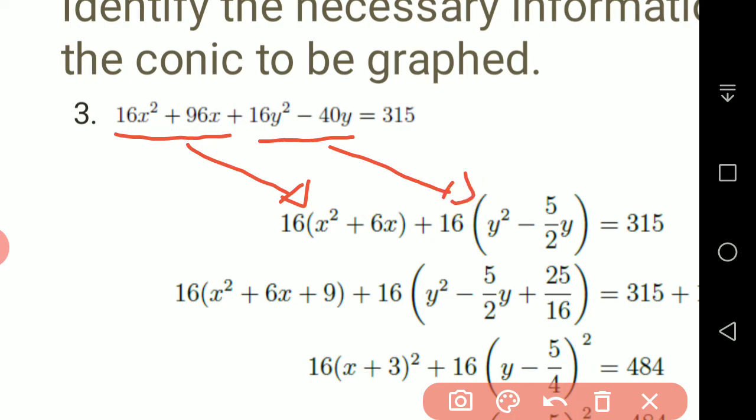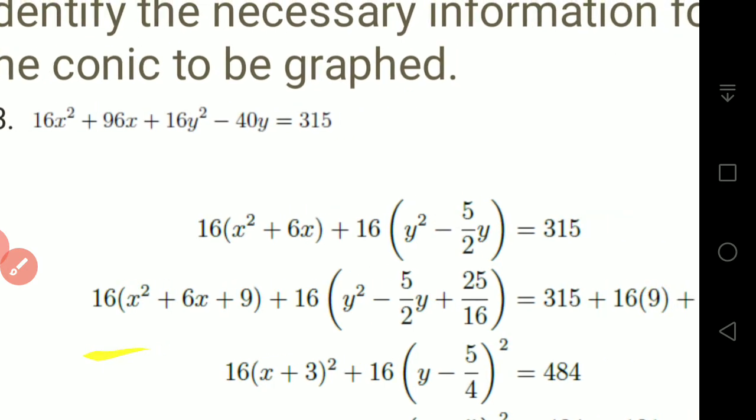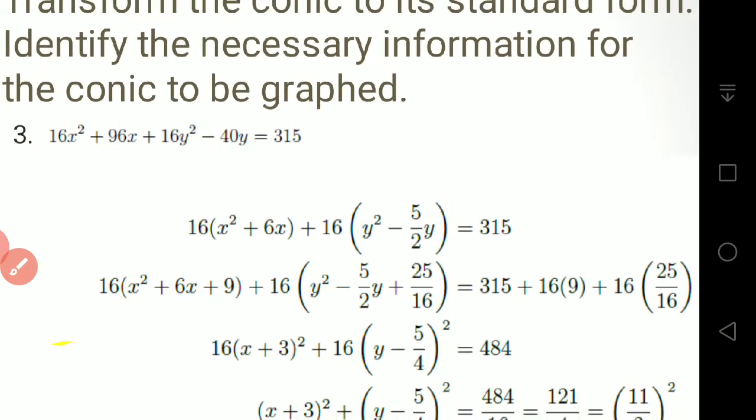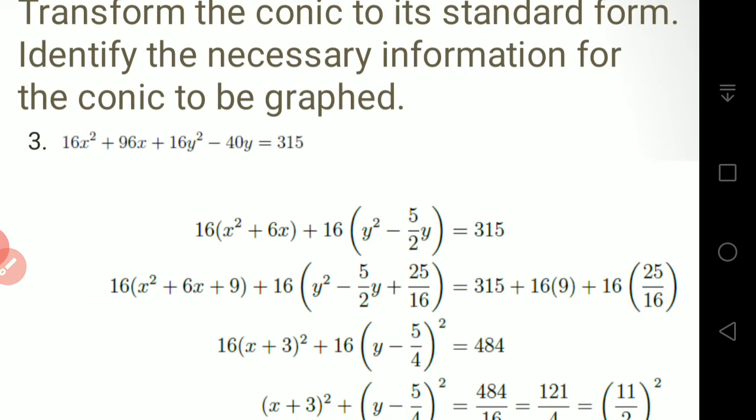So 16 has been extracted. That explains our next step. And then the square is being completed. 6x, positive 6 divided by 2, that's 3. Square that, we get positive 9.